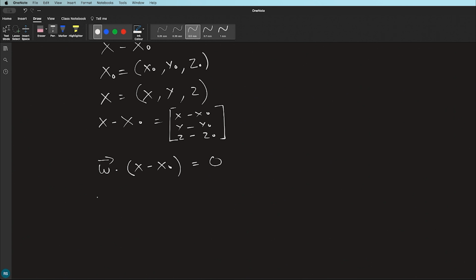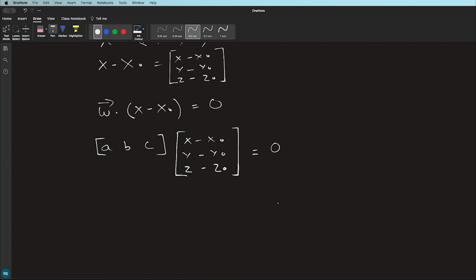So I can write it as a, b, c. This is in the vector form, dot x minus x naught, y minus y naught and z minus z naught, equal to 0. Okay.